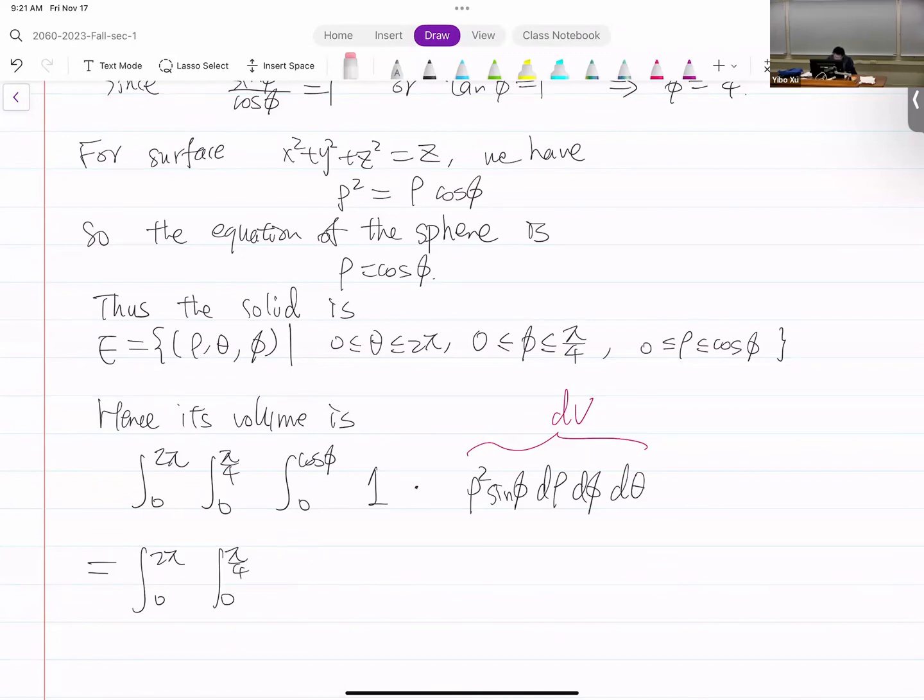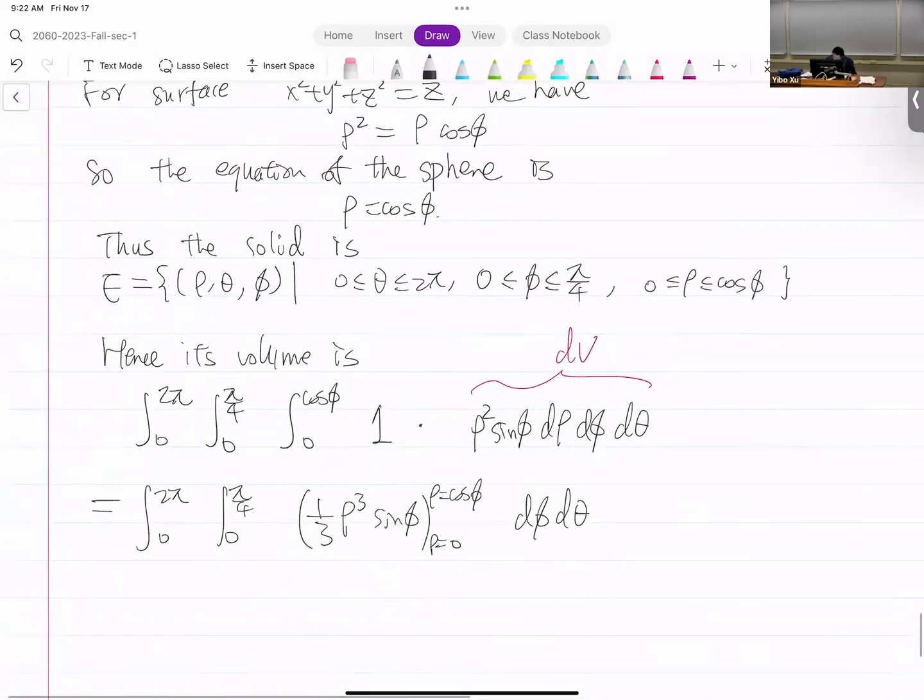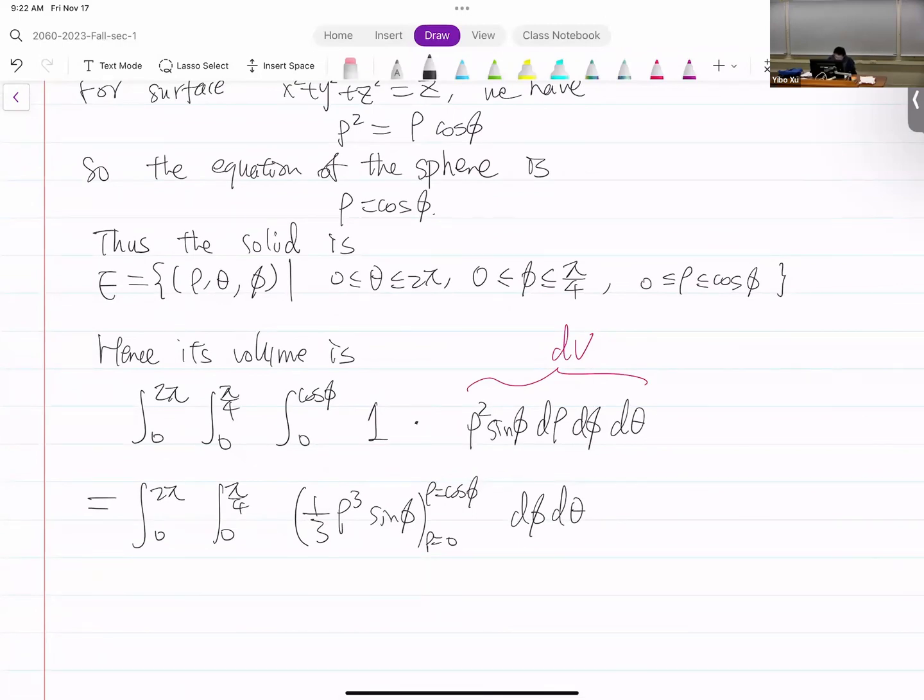So we don't really need to write down the integral anymore. The function we're integrating is rho squared sine phi. Now the inner is in terms of rho, so sine is a constant. Rho squared gives you 1/3 rho to the 3, and then sine is multiplied, and we evaluate at rho equals 0 and rho equals cosine phi, and copy down the outer two variables.